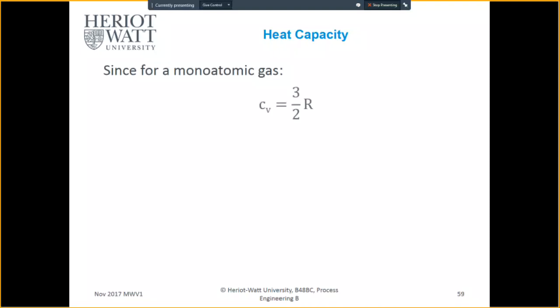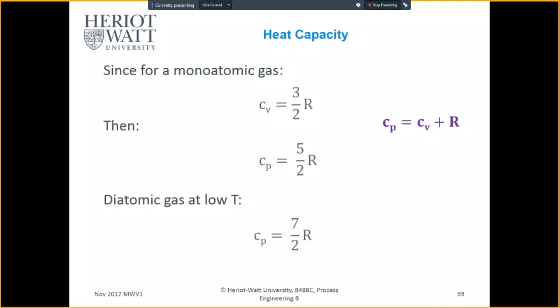Since for monoatomic gas Cv equals 3 over 2 R, and remember Cp equals Cv plus R, then you can calculate Cp for monoatomic gas as 5 over 2 R, just substituting into that equation. And for diatomic gases at low temperature, Cp equals 7 over 2 R, so you have rotation, again for diatomic.